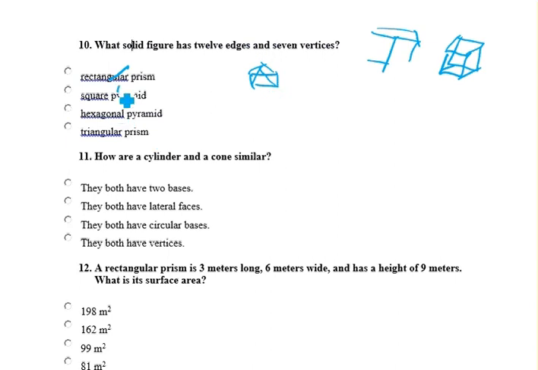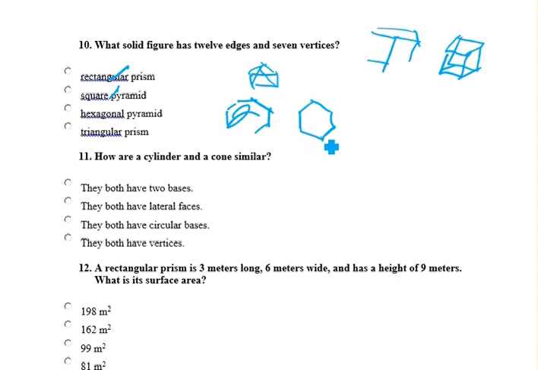Okay, a hexagonal pyramid. 1, 2, 3, 4, 5, 6. Whoops, I didn't draw a good one. I drew a stop sign, which is an octagon. There. That's 6 sides. There's 6 sides, and then they all come up to a point.